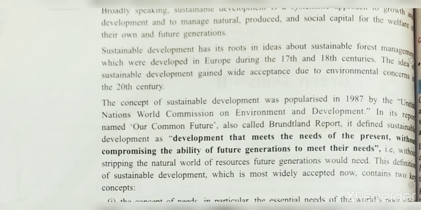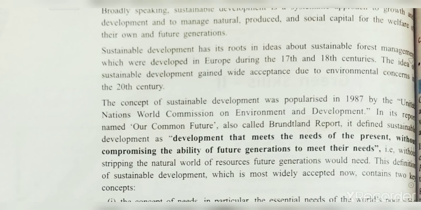They can produce their requirement based on the resources available in the environment, right? Suppose you have used all the natural resources in your generation, then what about the next generation? How can they get the natural resources? The population may be increasing very high, so to survive without natural resources is very difficult, right?